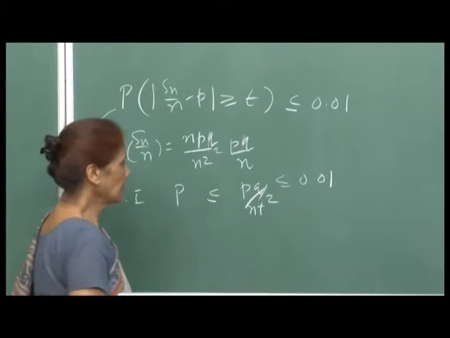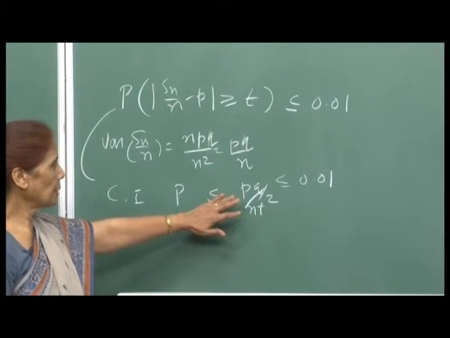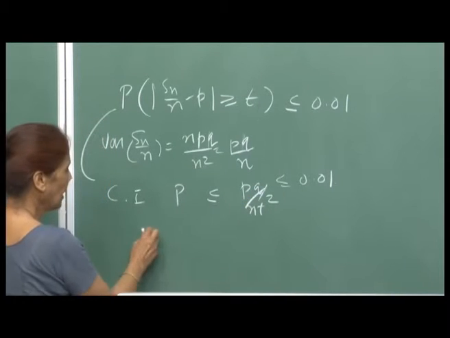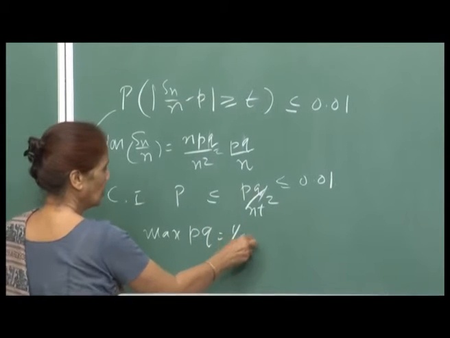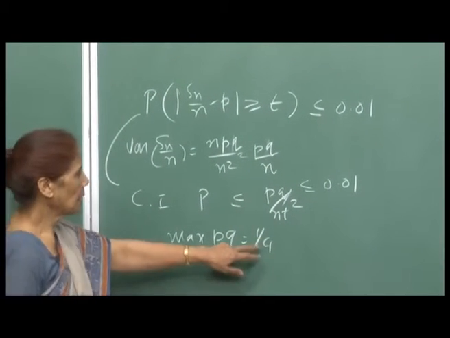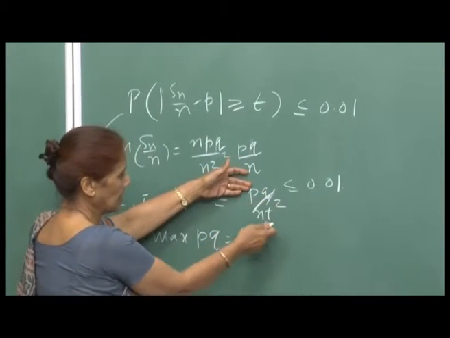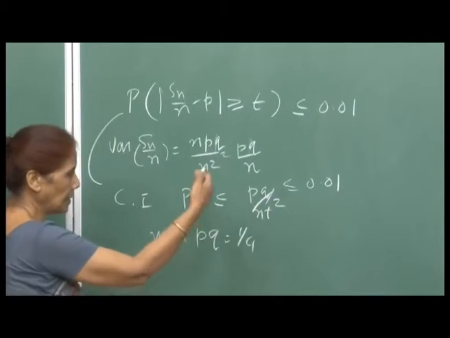Now, p is unknown, so q is also unknown, and therefore this must hold no matter what the value of p is. Since the maximum of pq is 1 by 4, we have already gone through this in the lecture also. If I write the maximum value here, since n is in the denominator, I will get the value of n which is larger.